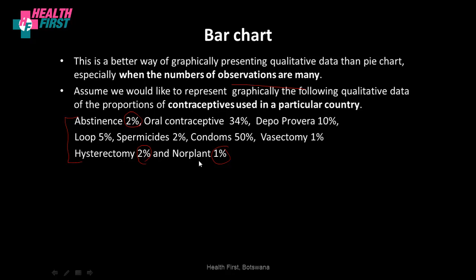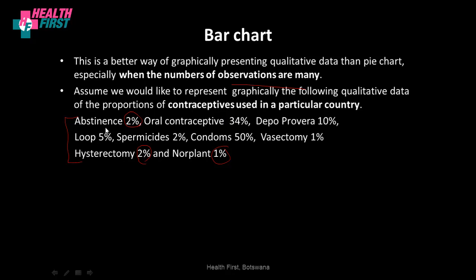In order to make sure that these small differences come out, and to make sure that the chart is not crowded, we resort to using a bar chart. It's much cleaner and more pleasing to the eye if you have many observations.